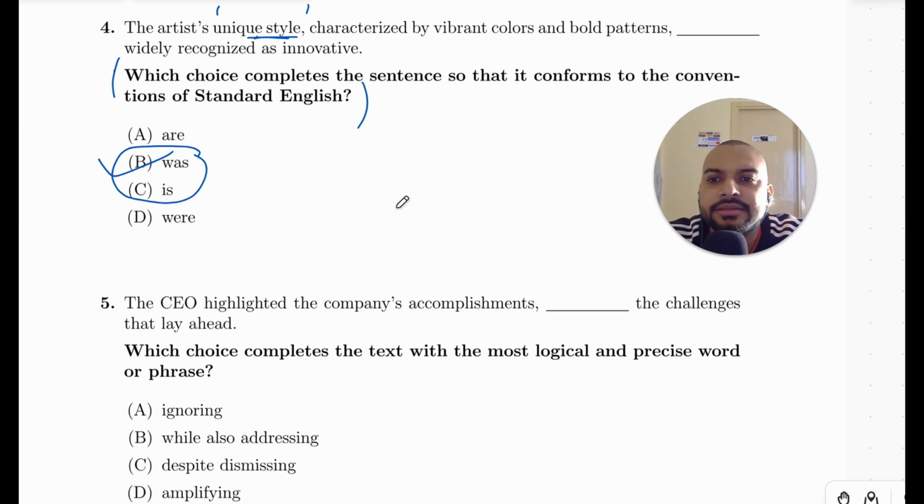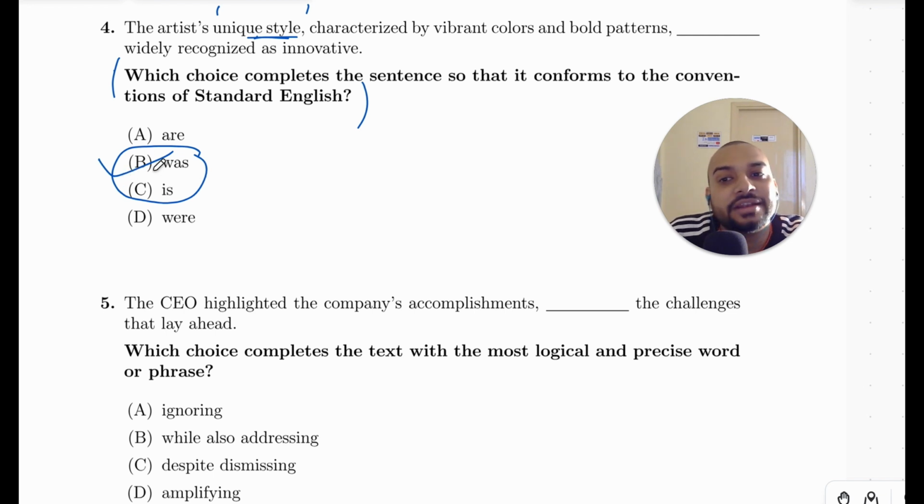Now there can be a certain confusion between is and was because grammatically both are absolutely correct. Okay, so here comes the knowledge of what the SAT is looking for. Every test has a certain essence and certain fundamentals which they like to follow. So for this one, although was looks correct and is also looks correct, we don't need to unnecessarily change the tense.